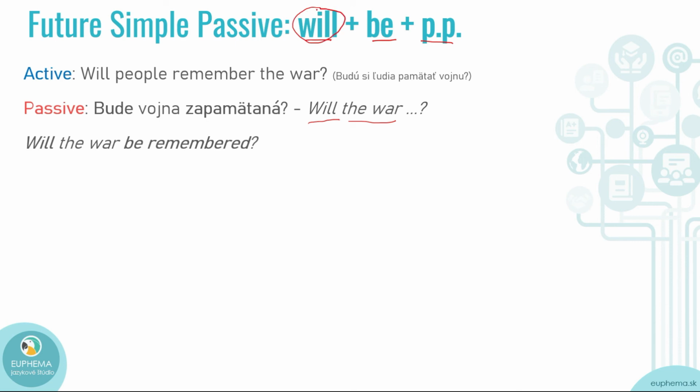It is a question, so we need to start with this auxiliary will. Will the war be remembered? Be is this be, and remembered is the past participle of the verb remember. It's regular, so only ed is necessary. And the answer could be yes, the war will be remembered.